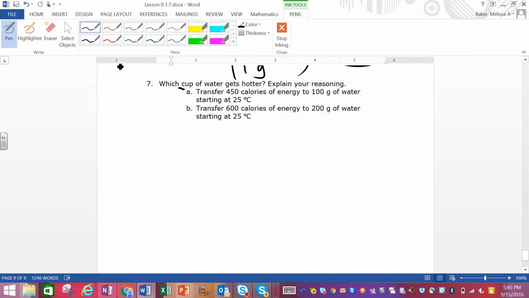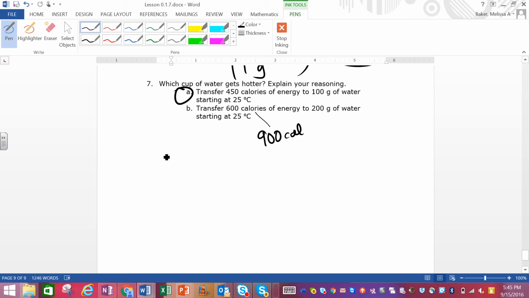Well, right away I think letter A, and I think because it's only half as much water and it's not twice as many calories. So for this one, I think it would take 900 calories to heat up the double the amount of water to the same temperature.